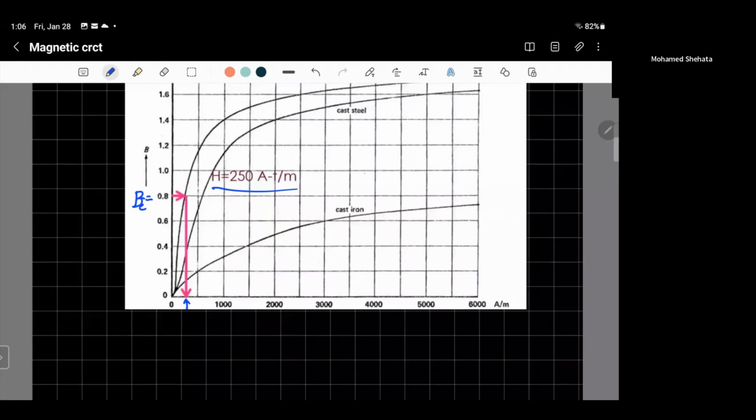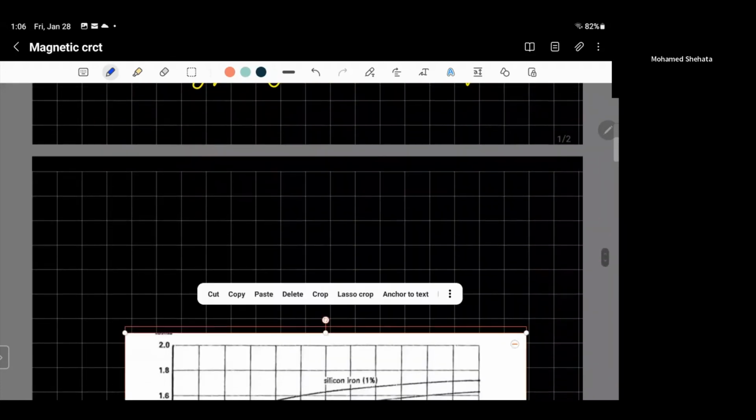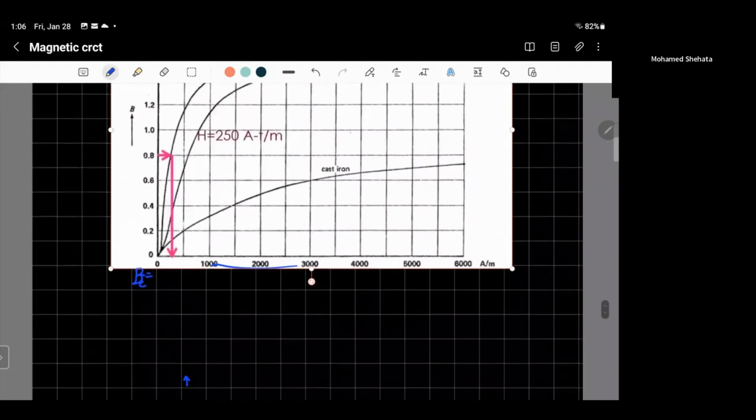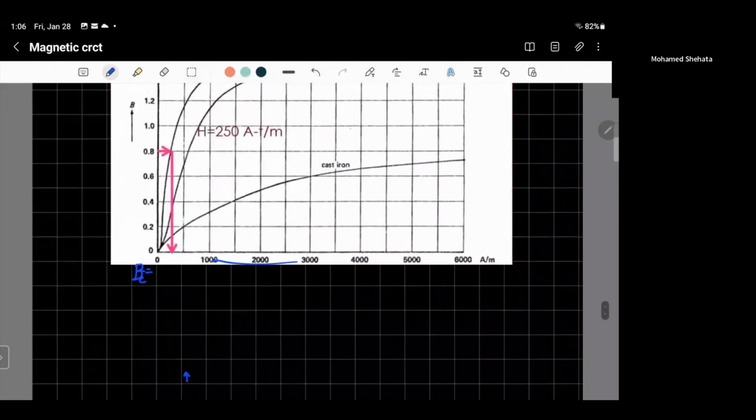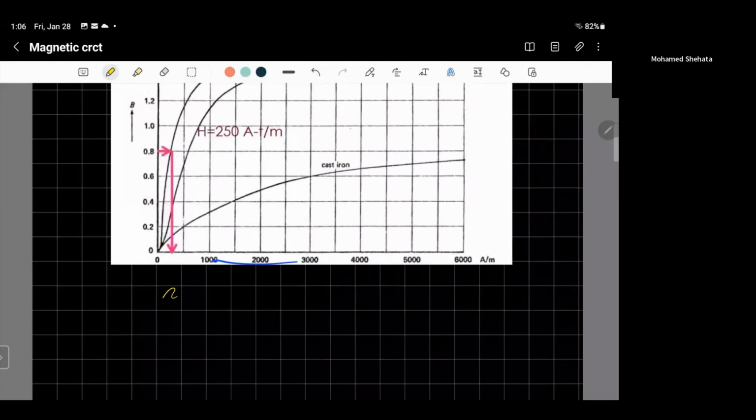So I got H. So if B in the core is equal to 0.8 Tesla, H_c is equal to 250 ampere turn per meter. I got H for the core. Right.